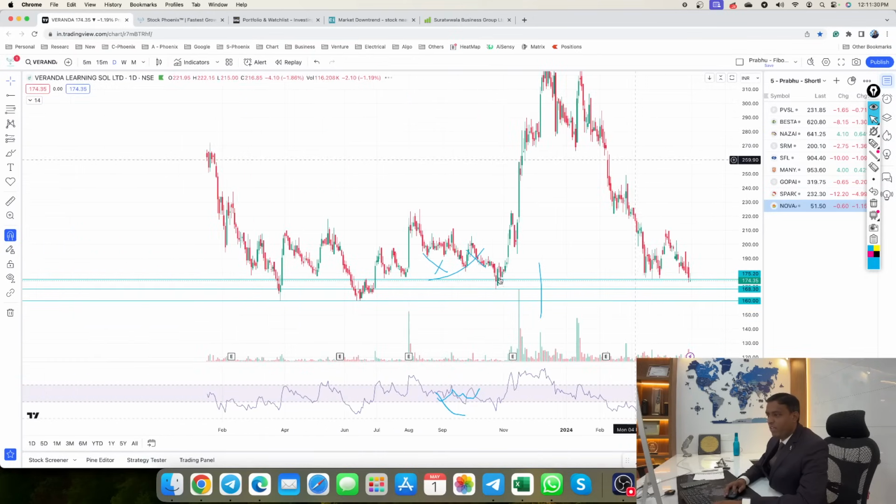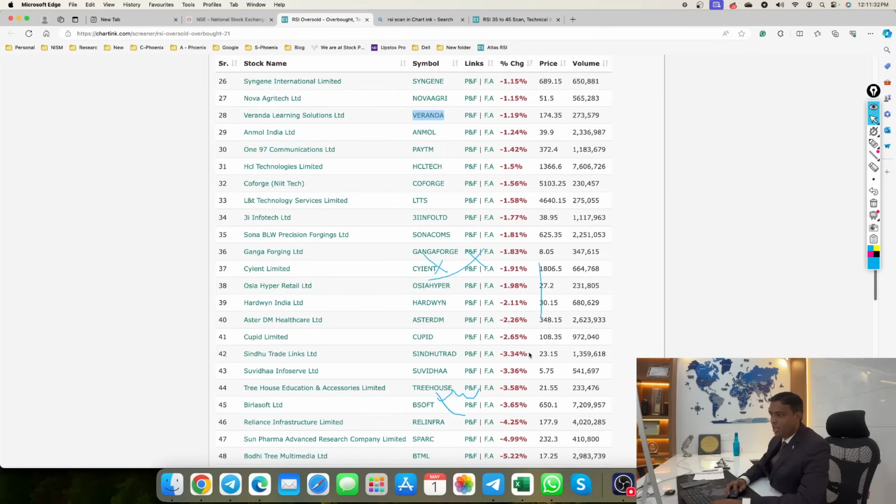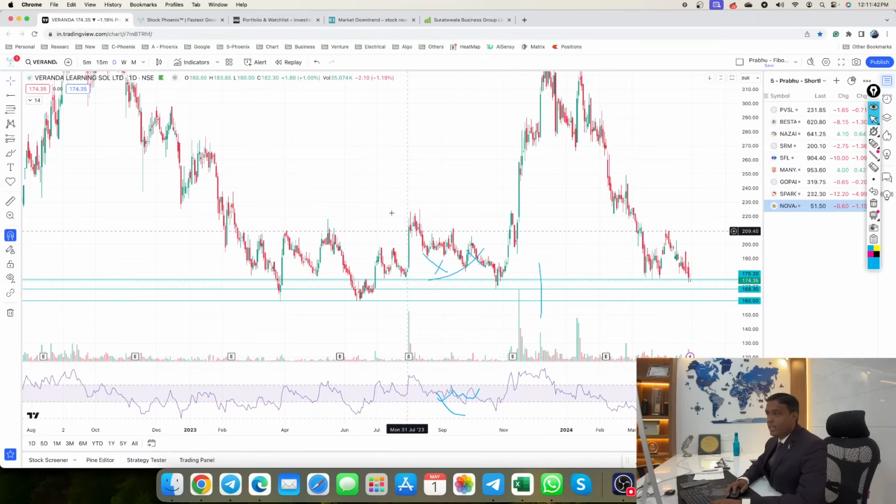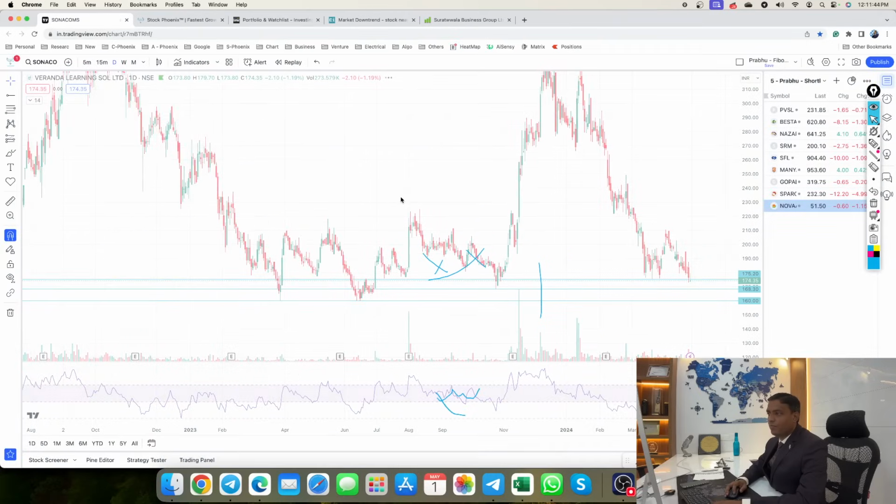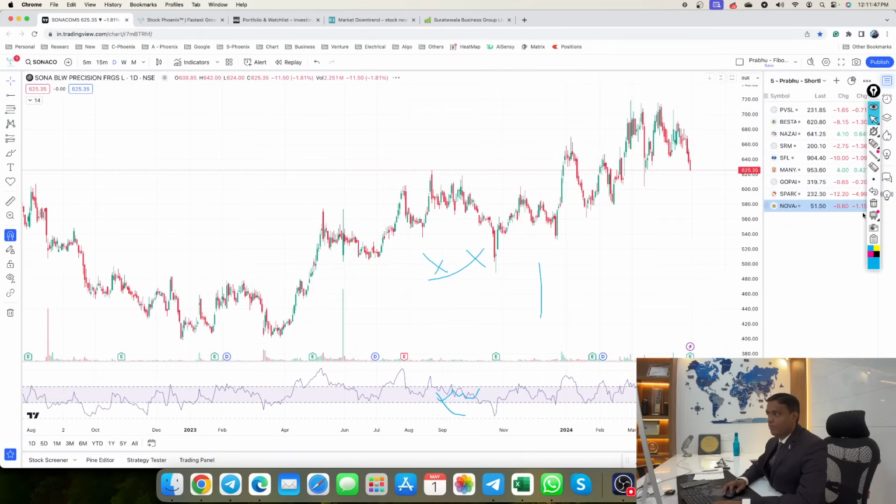Okay, now waiting for these support zones to get honored in this counter. RSI is still pointing towards downside. Okay, then Sona Comstar. See, even though the stock is in a downtrend here, look at here, it's a big uptrend.